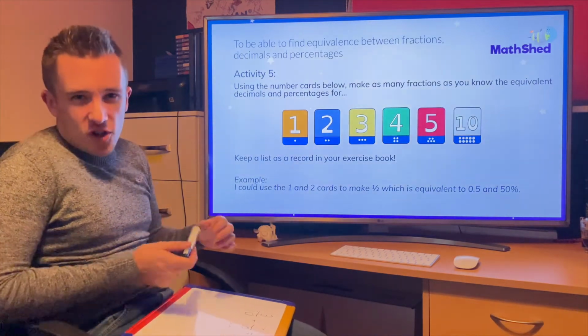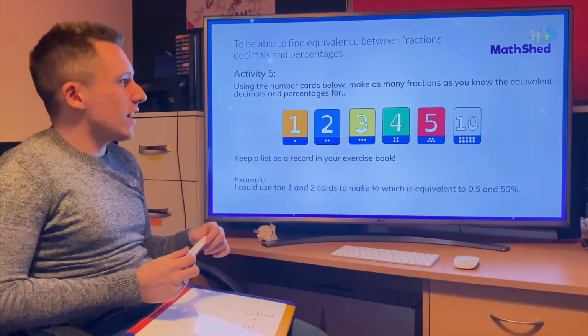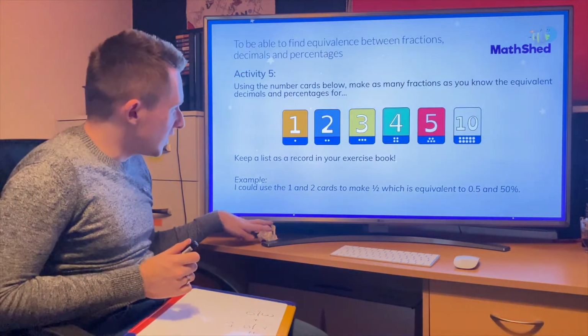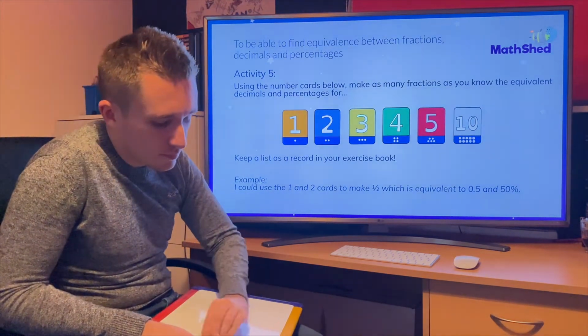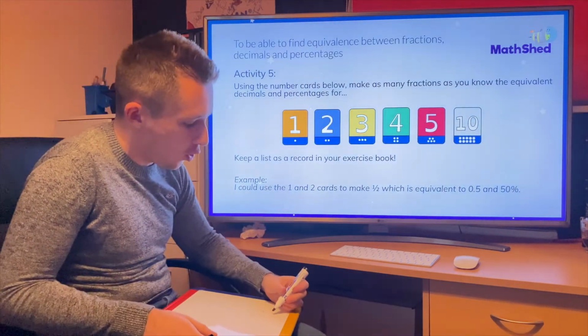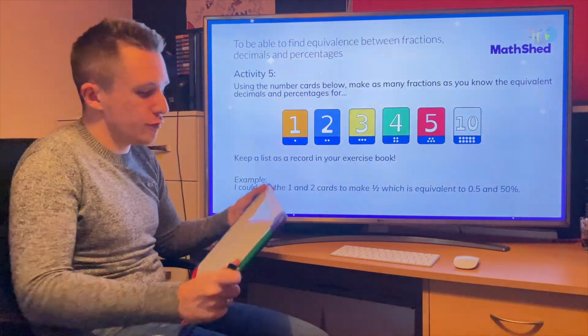Now, this is an optional activity for you. Activity 5. Using the number cards below, make as many fractions as you know the equivalent decimals and percentages for. So you could take these and I'm going to take 4 and 5. So I'm going to do 4 over 5.